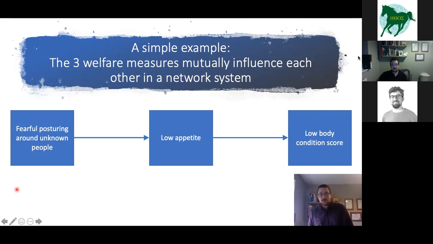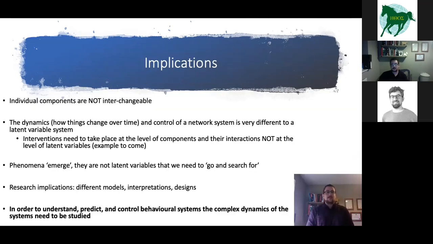If an animal senses threat, then feeding is not a priority, so we'll see a reduction in appetite. And if a reduction in appetite persists over time, if they're exposed to an environment where they perceive threat regularly, then that will lead to low body condition score due to fewer calories consumed. So that's all well and good, but what are the implications of this?